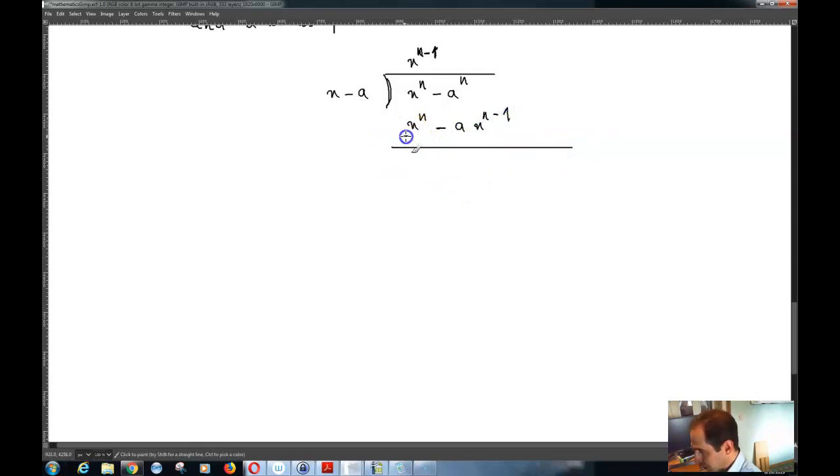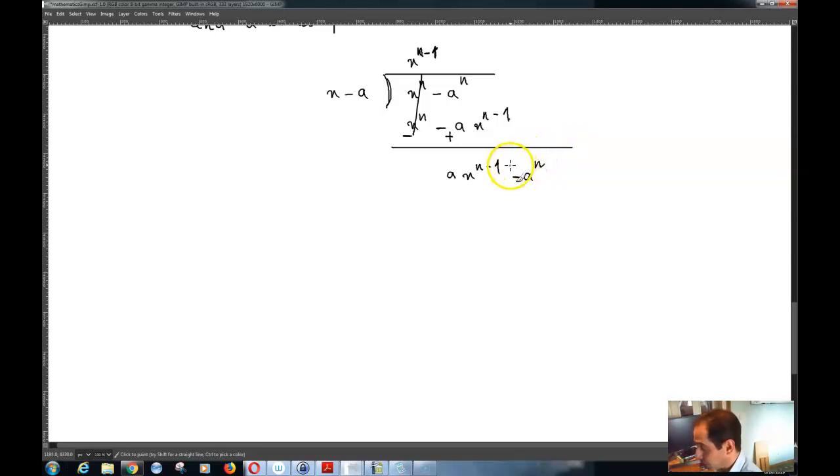Now if I subtract, negative becomes positive, and if you cancel these two out, you will get a times x raised to the power n minus 1 minus a raised to the power n.